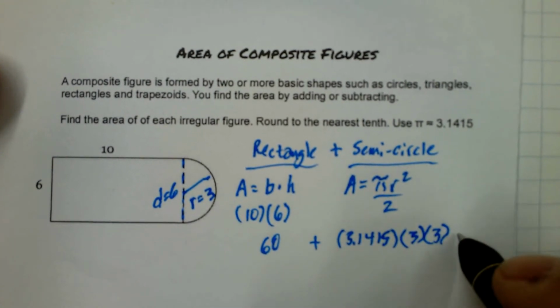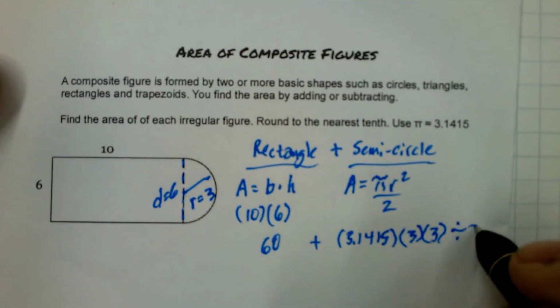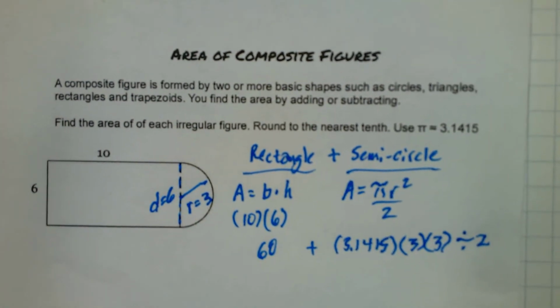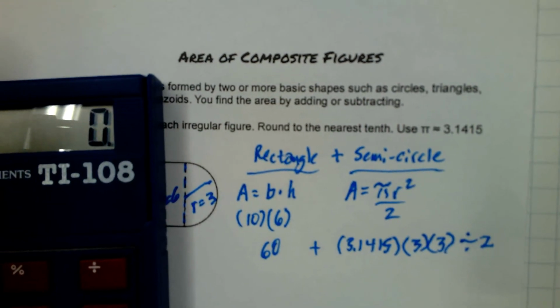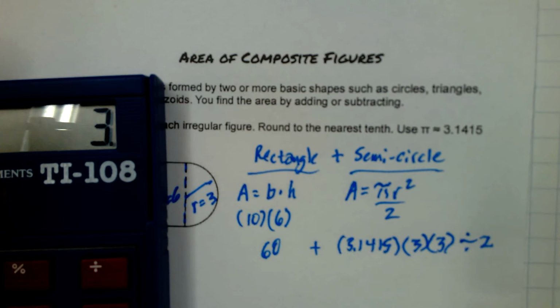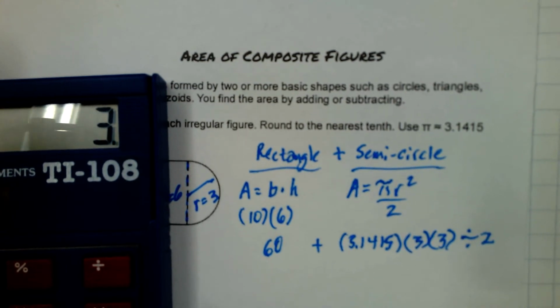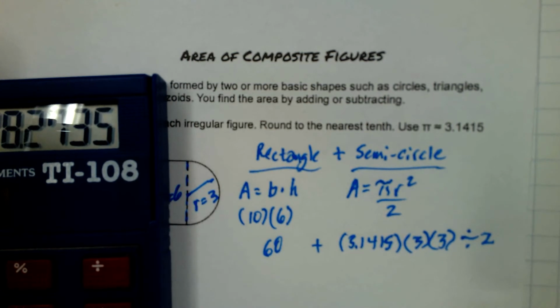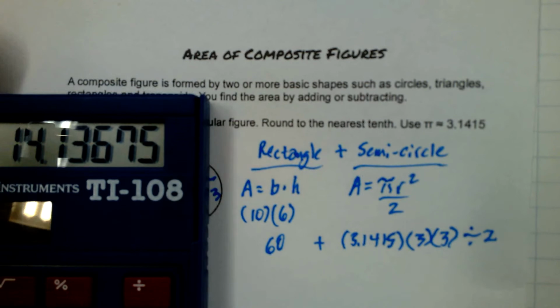And then in the end, we're going to divide by 2. So this is what we want to do on our calculator. 3.1415 times 3 times 3, and then divide that by 2. And write down all of those digits.